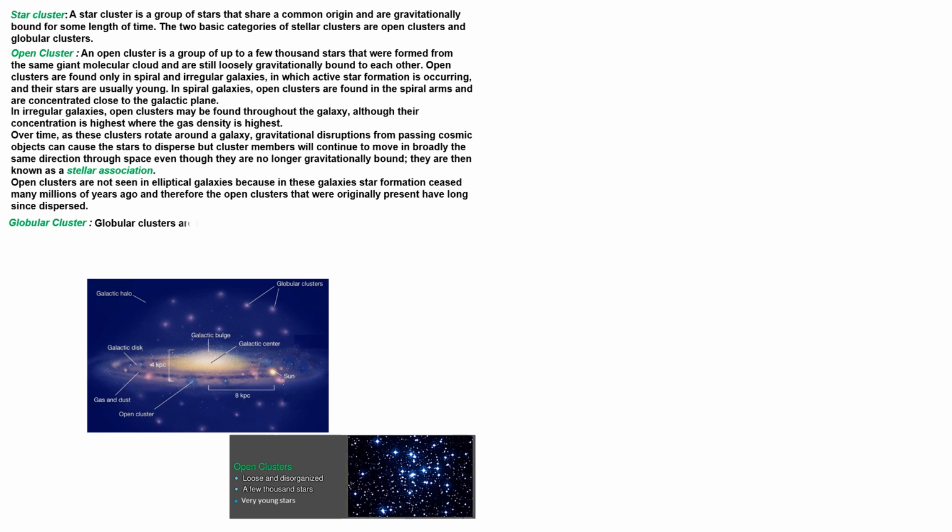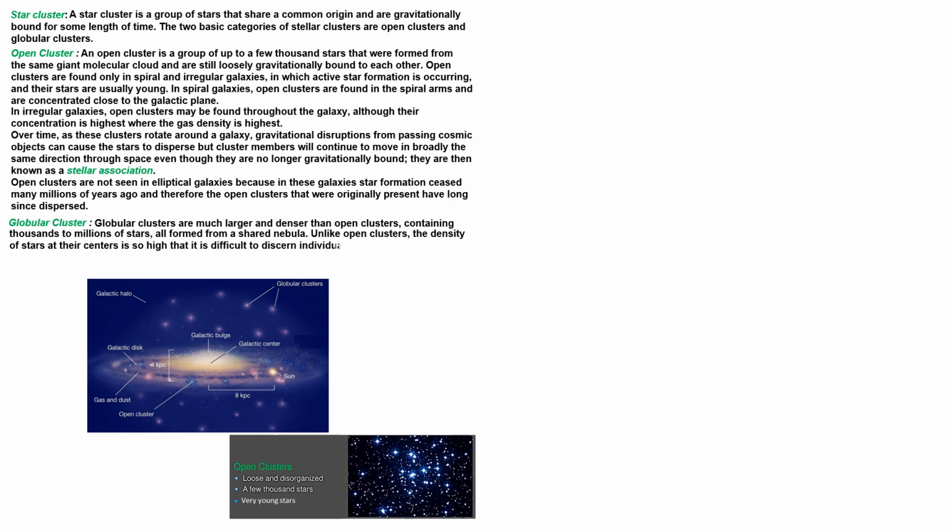Globular clusters are much larger and denser than open clusters, containing thousands to millions of stars, all formed from a shared nebula. Unlike open clusters, the density of stars at their centers is so high that it is difficult to discern individual stars.